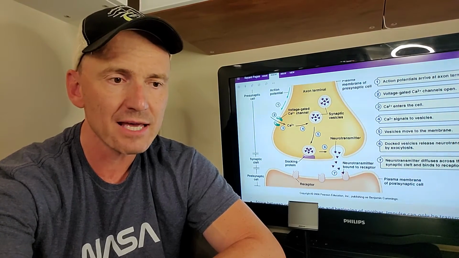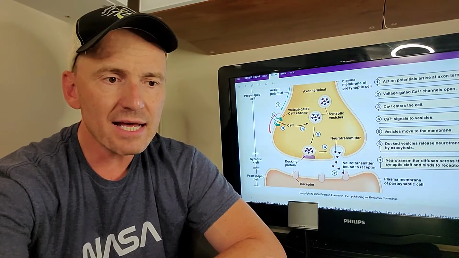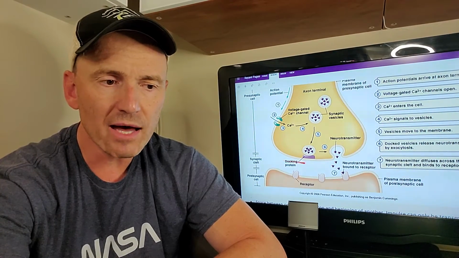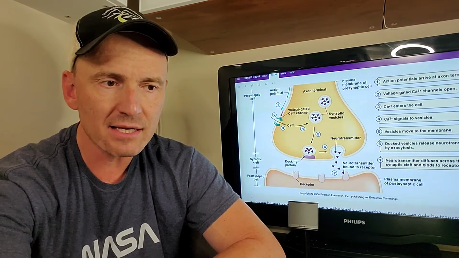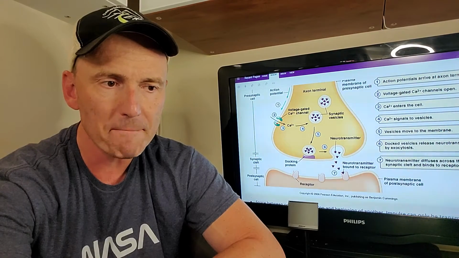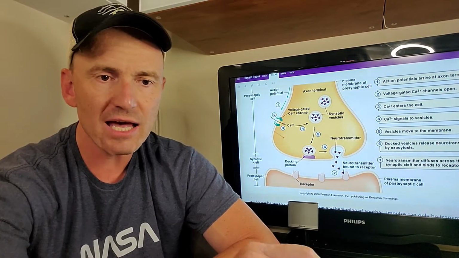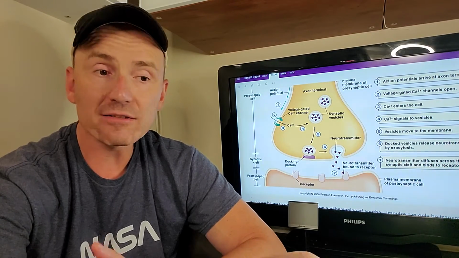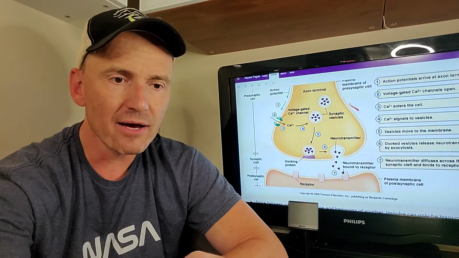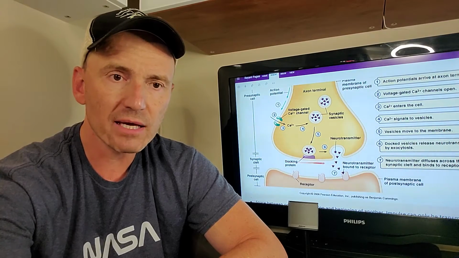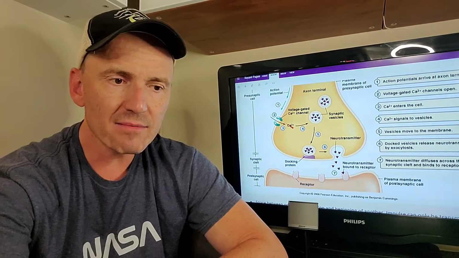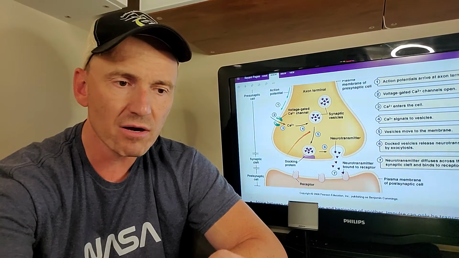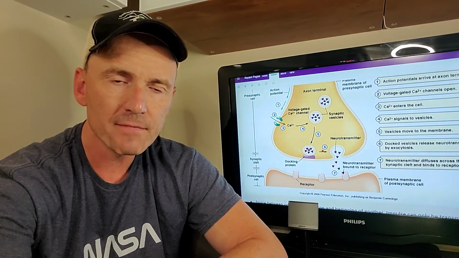So what happens at the end is, instead of there being sodium out here, as this action potential reaches here, it activates channels that are for calcium. So there'll be calcium ions out here instead of sodium. And the calcium ions go in, because of the concentration gradient, they pour in.